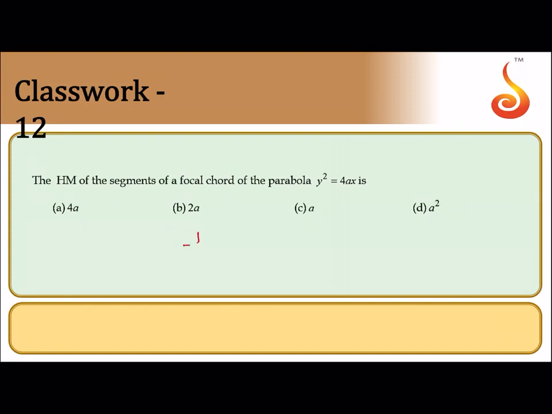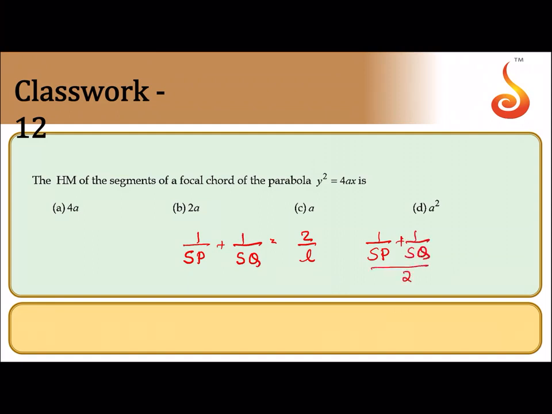Example 12. Harmonic mean of segments of focal chord of parabola. So we already studied 1 by SP plus 1 by SQ is equal to 2 by L. L is called the semi-latus rectum. So this is nothing but the harmonic mean.